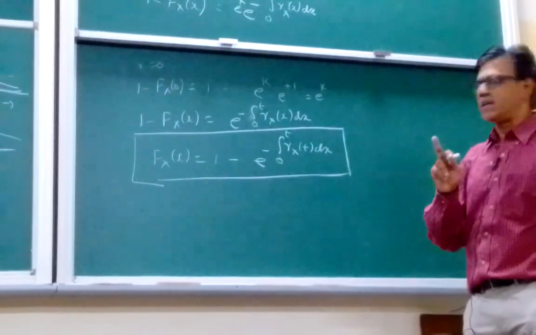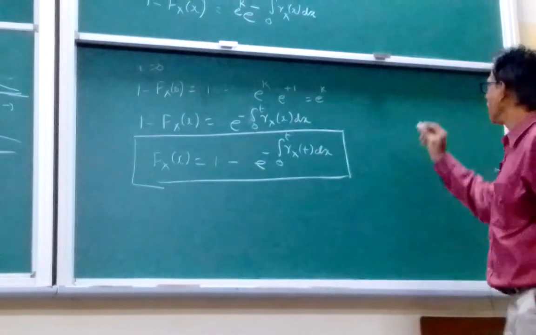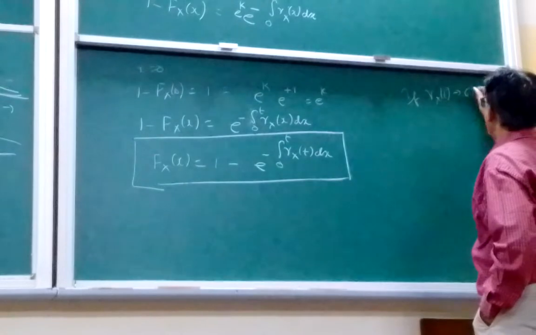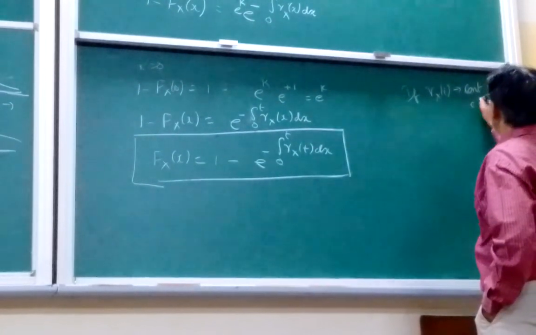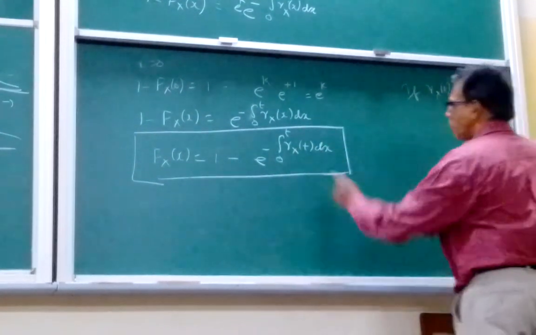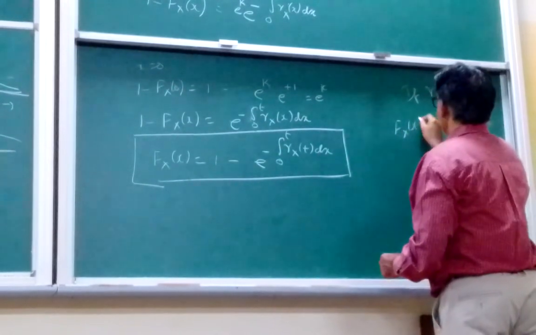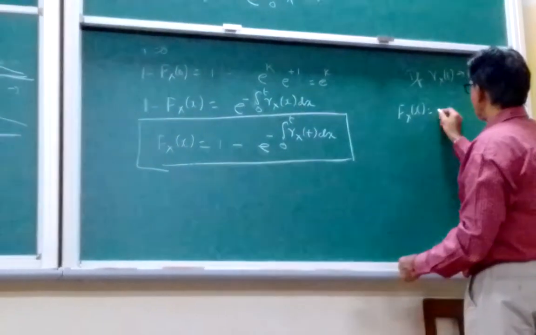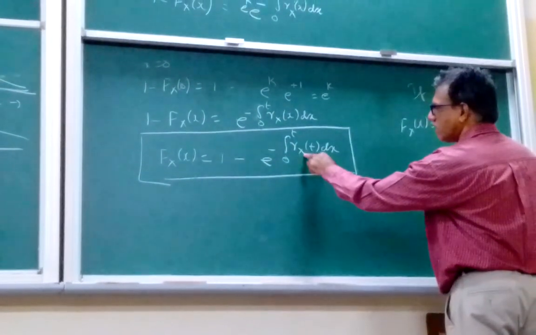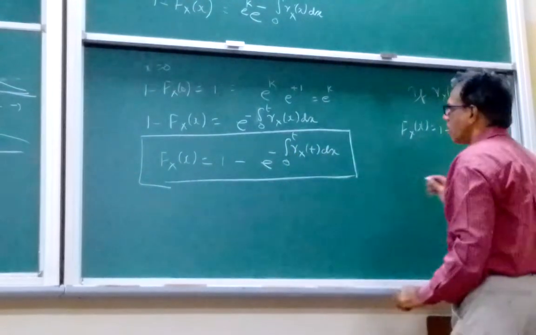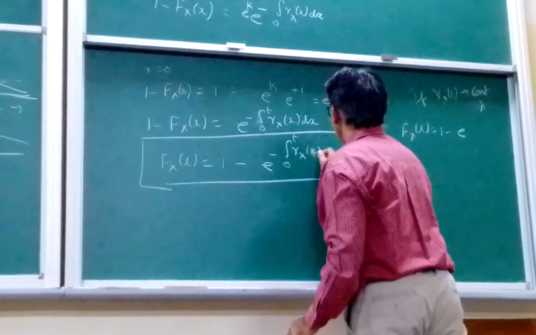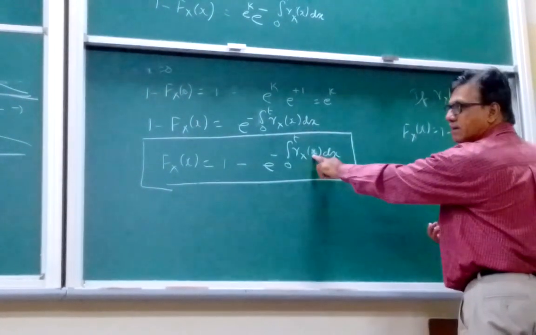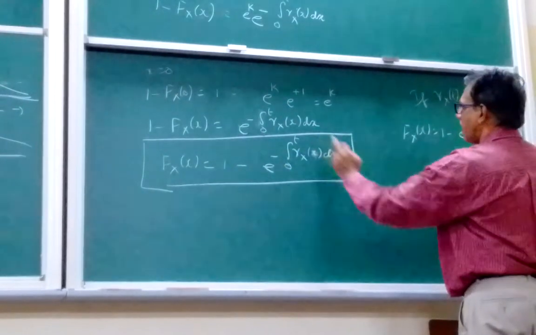If the hazard function Rx of t is a constant, say c, which I will call lambda, then effectively Fx of t is 1 minus e power of minus lambda t, since it is no more a function of x, it is a constant.